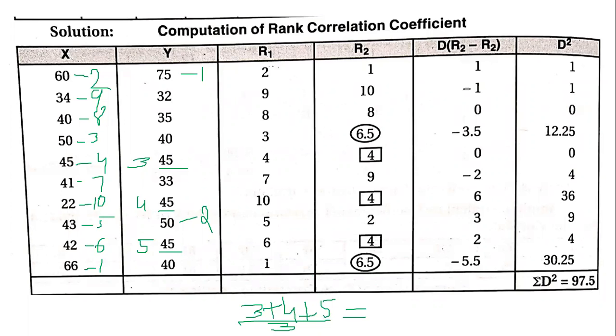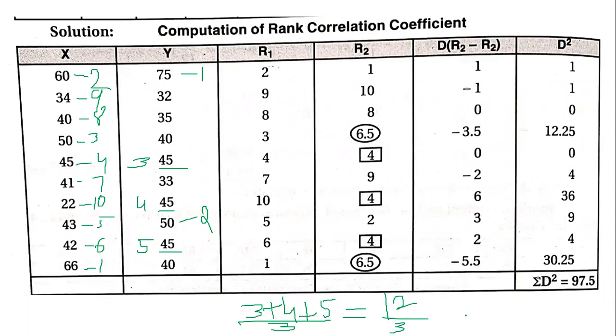You're saying the average. It is 12 by 3, not 12 by 2. The 45 number is repeated 3 times, not 2 times. So it will be 12 by 3.